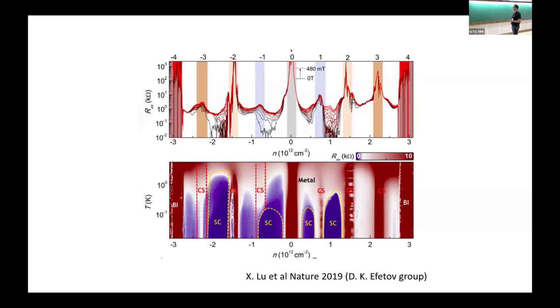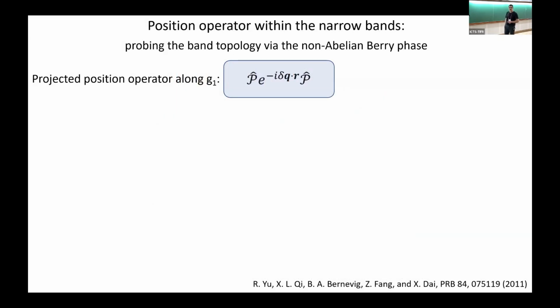This is the data from Dmitry Efetov's group, where they also saw insulators at almost every integer, not quite, but almost every integer, and superconductivity for quite a few doping windows in this phase diagram. So this is what made a lot of people excited, and so this is the motivation for studying these narrow bands and what happens when you turn on interactions.